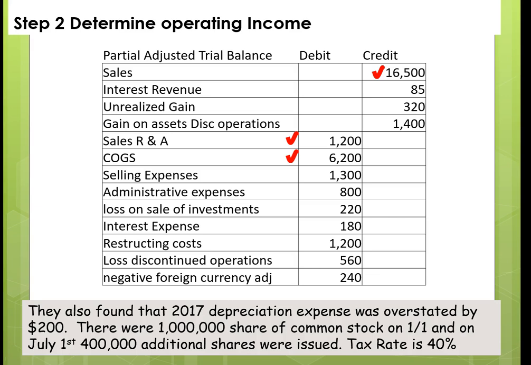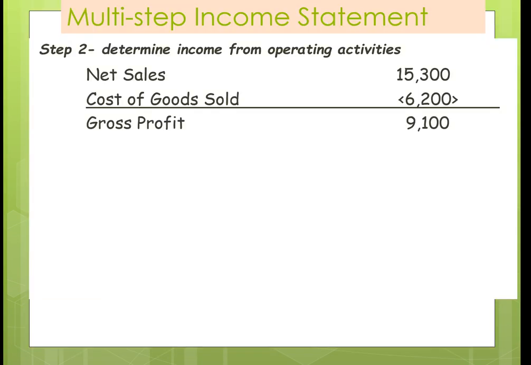Now we're going to determine operating income. So we're going to identify all the elements that are subtracted from gross profit to get operating income: our selling expenses, our administrative expenses, and our restructuring costs. So we take net sales, minus cost of goods sold, gives us gross profit.